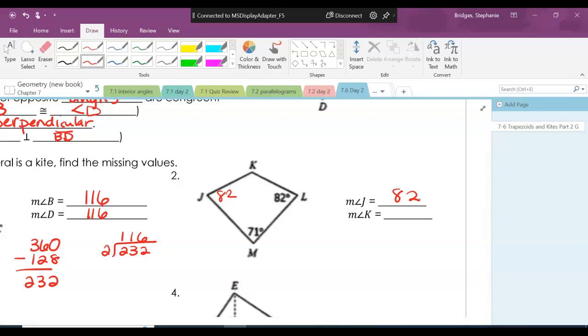I have 3 out of my 4 angles. I know all 4 have to add up to be 360. So what you want to do is take 82 plus 82 plus 71 and then subtract that number from 360, and that's what your answer should be. So in your calculator, 82 plus 82 plus 71, and then subtract that from 360.